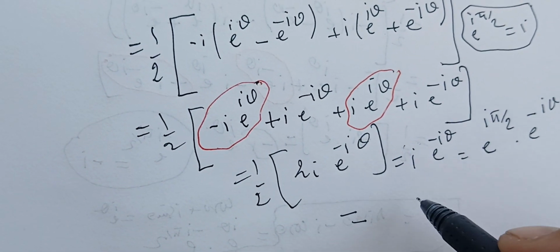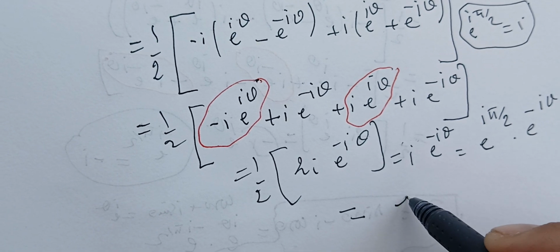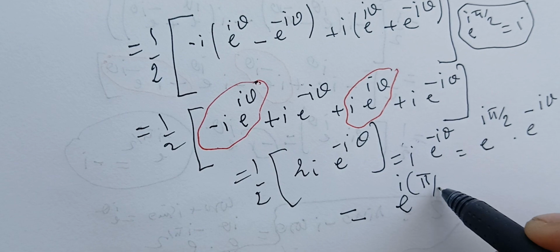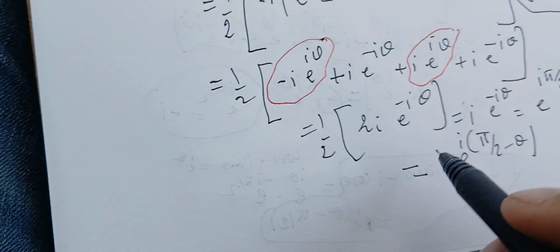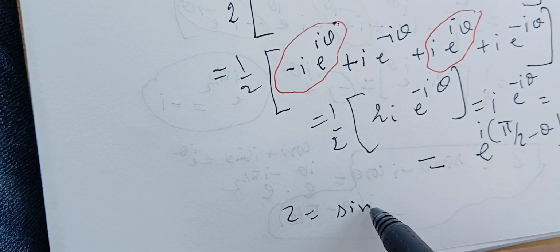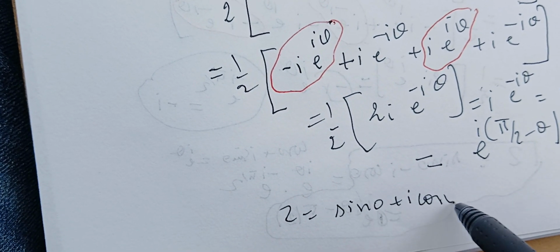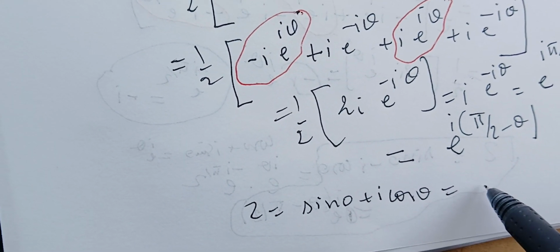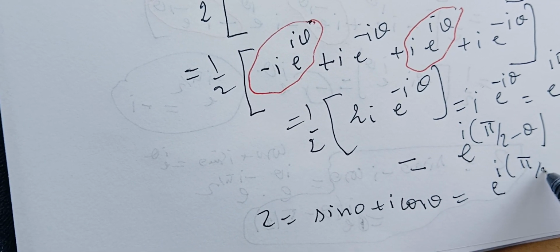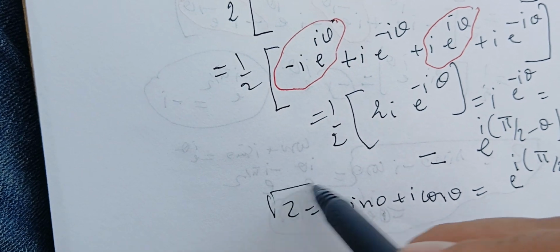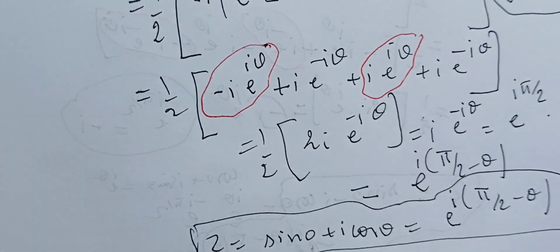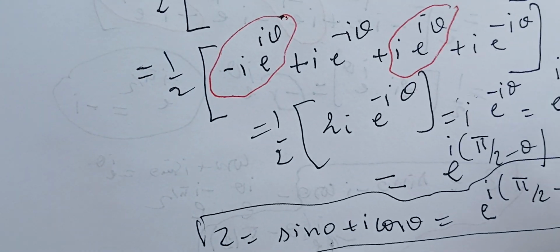Using the rules of exponents, this will give us e to i (pi over 2 minus theta). That means z = sine theta plus i cosine theta has the exponential form e to i (pi over 2 minus theta). Okay, so this is the form that we need.